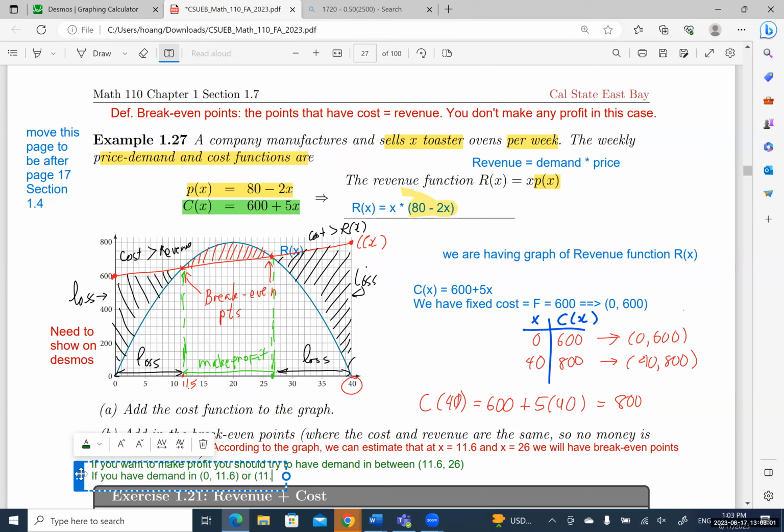Or 26 to, greater than 26. Let me just say, demand outside that, less than 11.5 or greater than 26. Right? You will get lost, right?